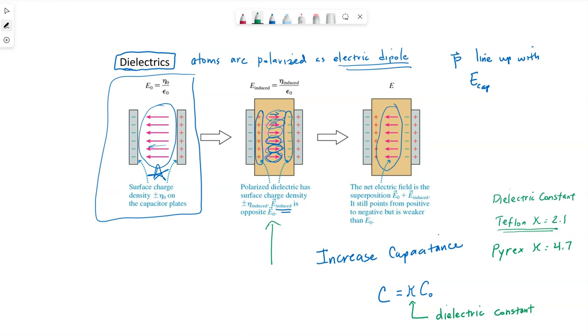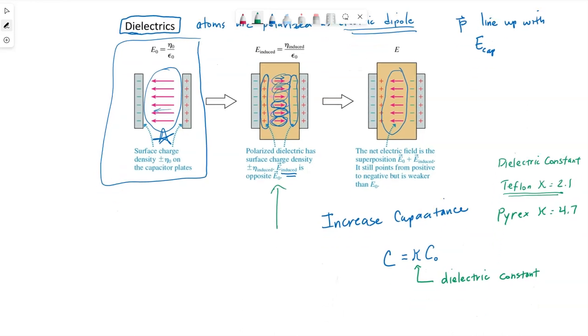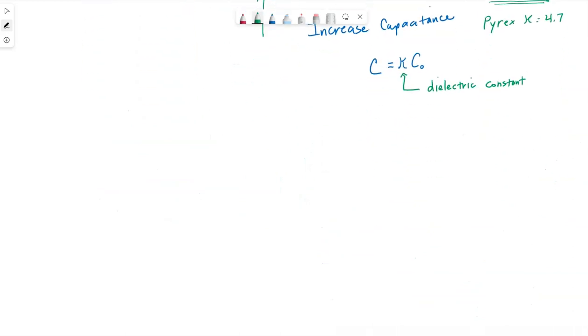All right, so these dielectric materials increase capacitance, which means, as I slide down here, if they increase capacitance, that means that capacitor can now store more charge. Because if I increase the left side, something has to change on the right side.